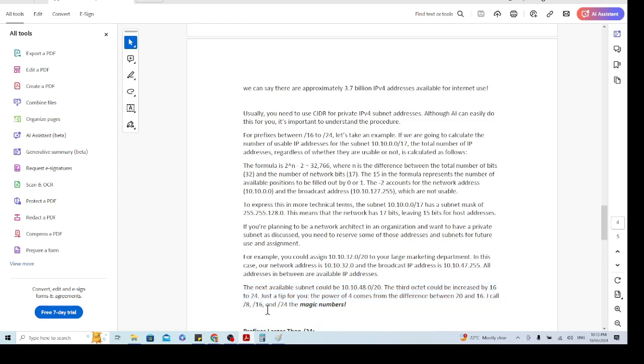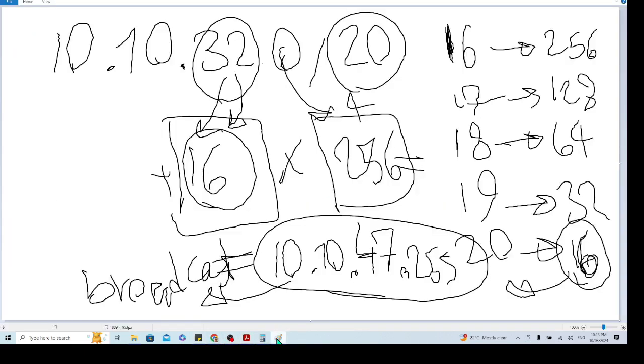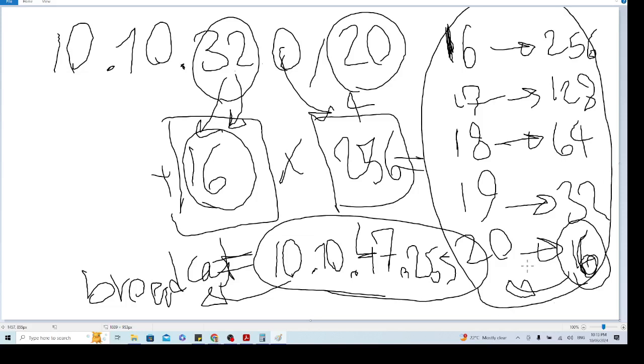I call /8, /16, and /24 the magic numbers. But anyway, I call this mapping also another magic number. So you got these magic numbers, and you can go for all of them.